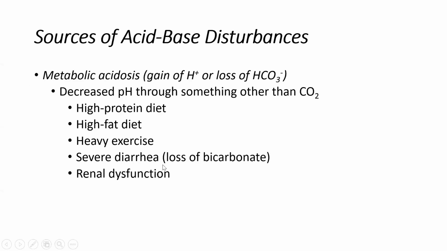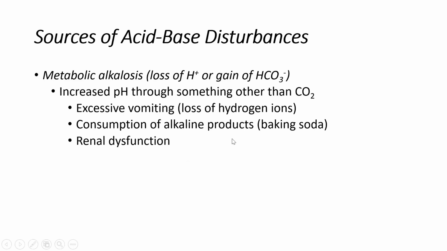Remember, I talked about the fact that the kidneys have the ability to secrete hydrogen ions into the urine and reabsorb bicarbonate ions in the proximal tubule. So if the kidneys are not working properly, if there's dysfunction of the kidneys, we're going to hold on to excess hydrogen ions if we're not able to secrete them, and we're going to lose excess bicarbonate if we're not able to reabsorb it, and that can contribute to a metabolic acidosis as well. We can also talk about a metabolic alkalosis on the opposite end of the spectrum.